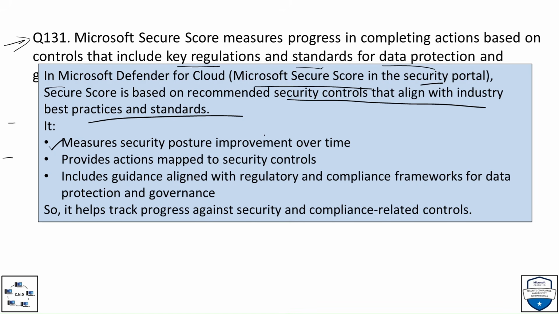It measures security posture improvement over time, provides actions mapped to security controls, and includes guidance aligned with regulatory and compliance frameworks for data protection and governance. So it helps track progress against security and compliance related controls.